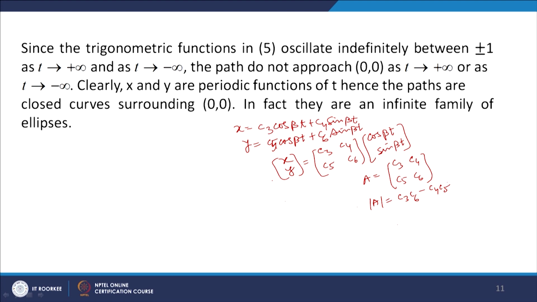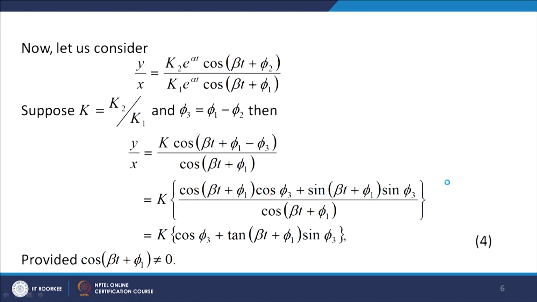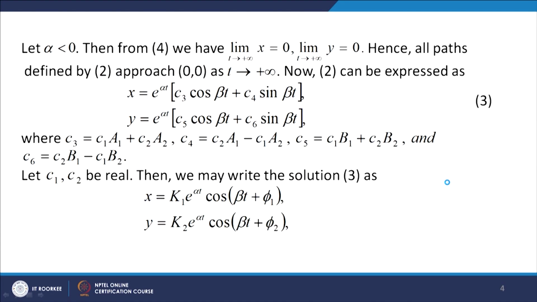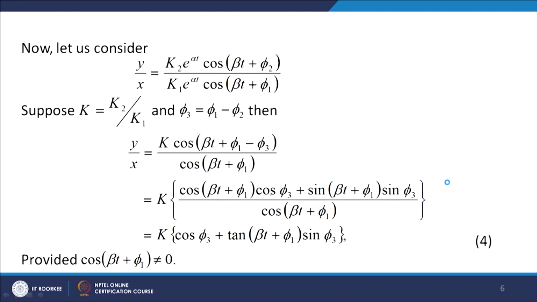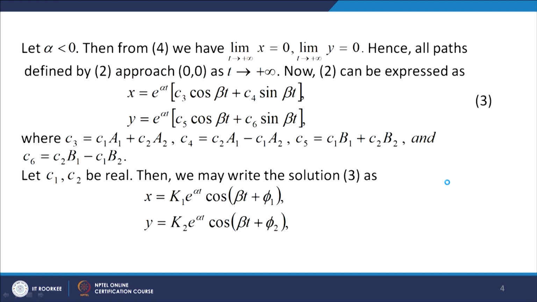Let us put the values of c3, c4, c5, c6 from here. We have the matrix A equal to c3 c4 c5 c6. So, determinant of A we found as c3 c6 minus c4 c5.